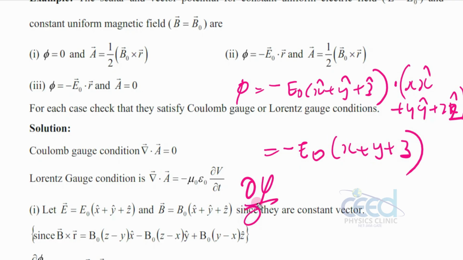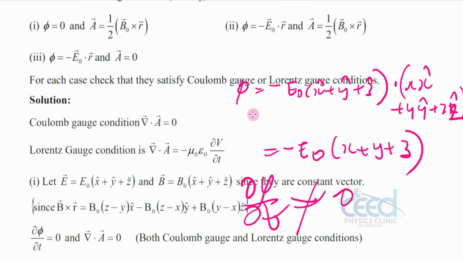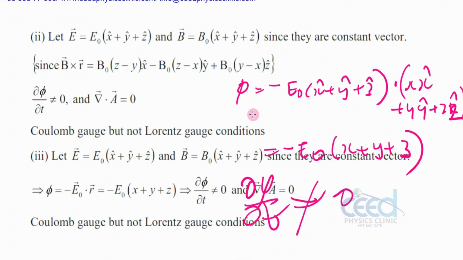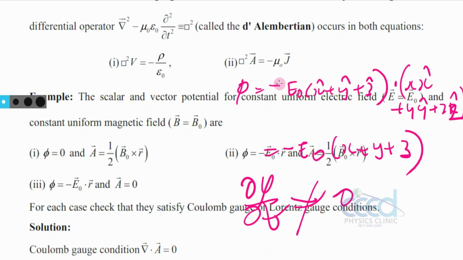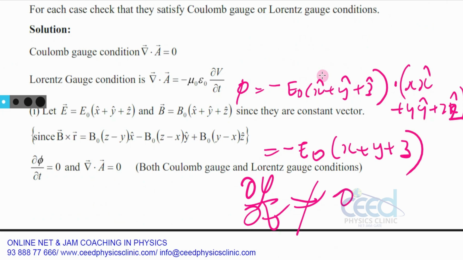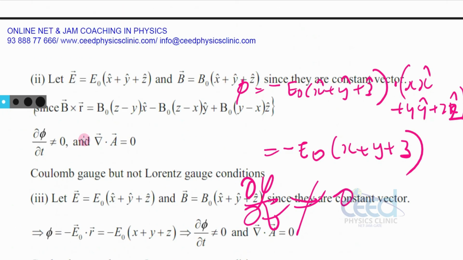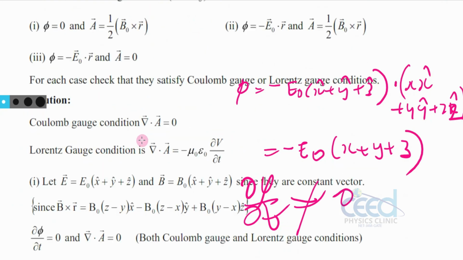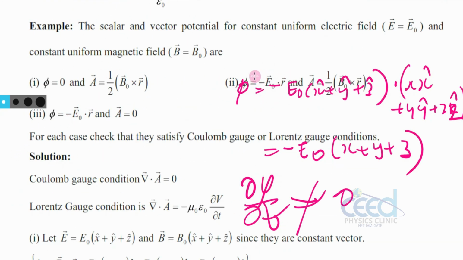Now if you find dou phi by dou t, it is not equal to 0, because x, y, z are variables. So the first condition is not satisfied. But from B cross R we already found del dot A is 0, so the first one is satisfied. Now the third condition, minus E0 dot R we saw, the first condition is not satisfied, but for A, del dot A is definitely 0, so both Lorentz and Coulomb are satisfied.